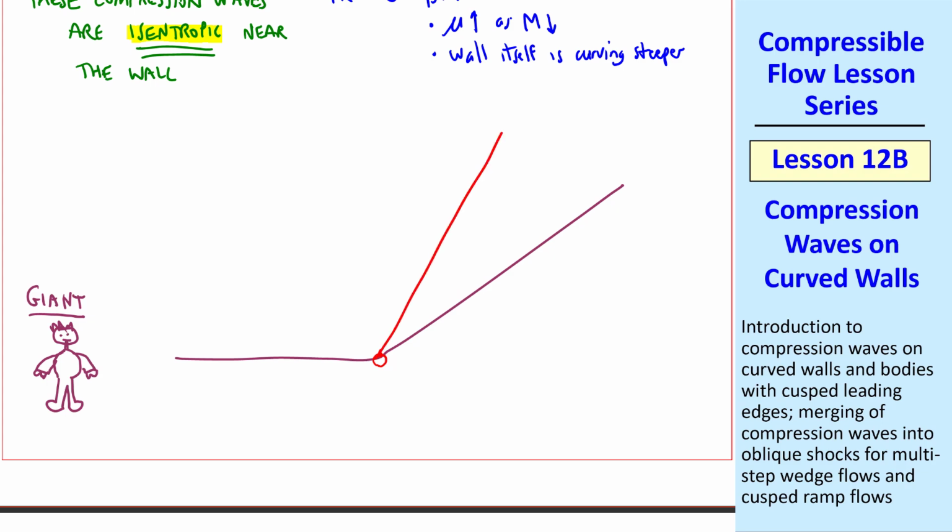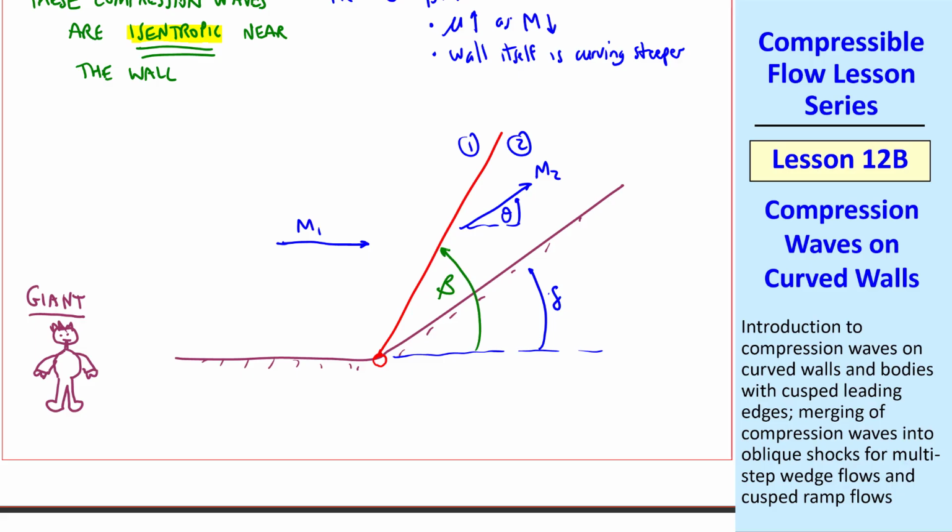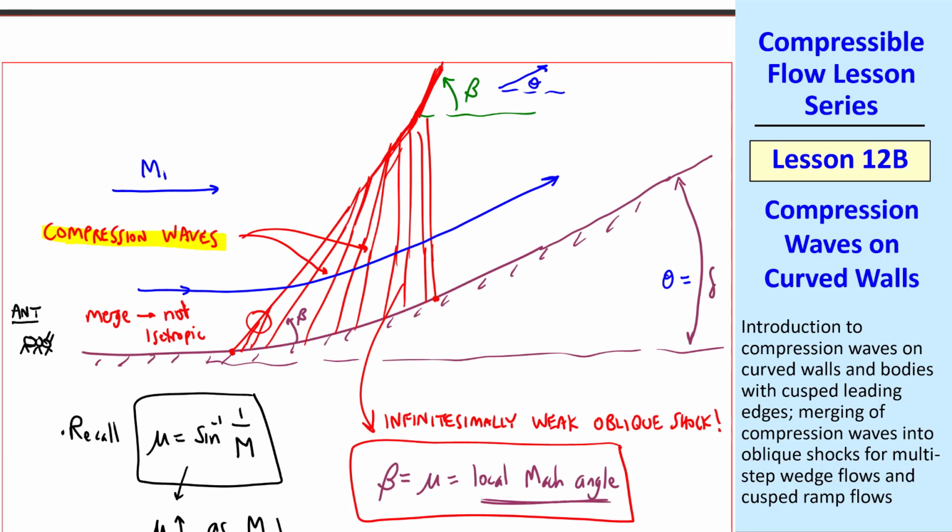To the giant, this looks like a sharp corner, and all he sees is one oblique shock, where we're back to our original oblique shock analysis, going from M1 to M2, with turning angle theta the same as delta, and oblique shock angle beta. That's what the giant sees from very far away. So from the ant's point of view, from very close, all these compression waves must merge into one oblique shock of angle beta.